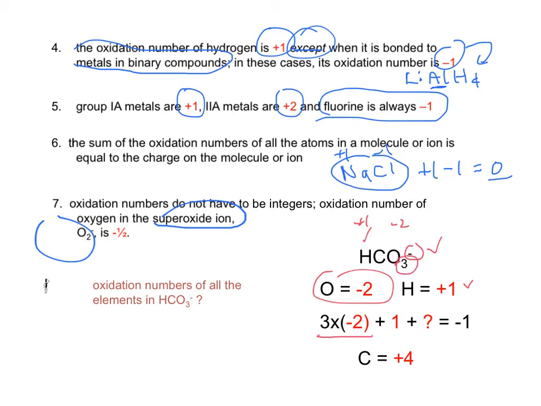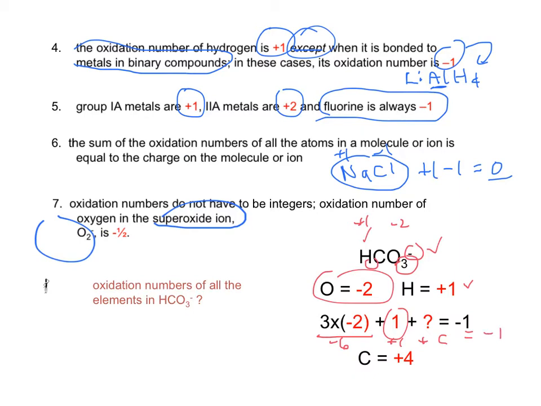So 3 times -2 gives us -6. Then we have only 1 hydrogen atom, that's what our subscript tells us. So 1 times +1 gives us +1, plus carbon, because we don't know what it is, and that's going to equal our -1.